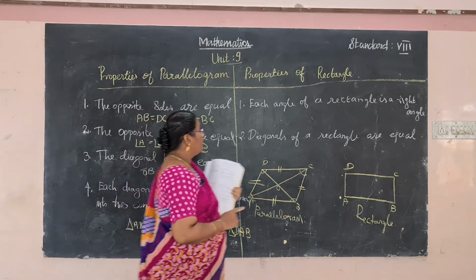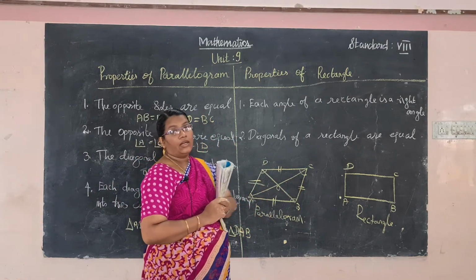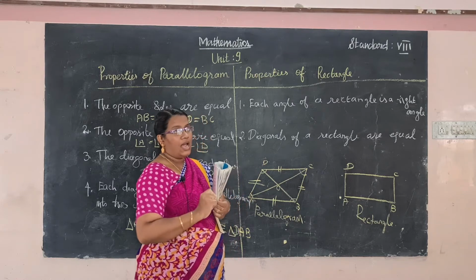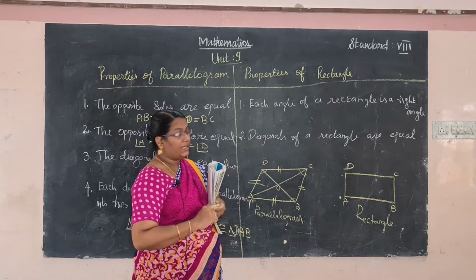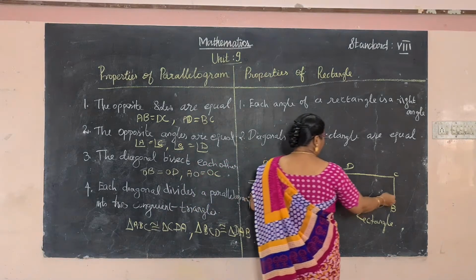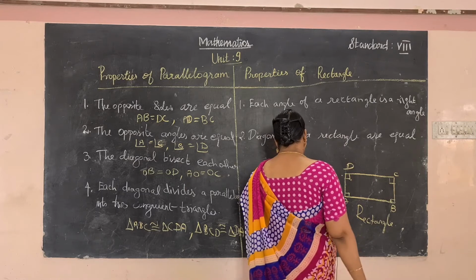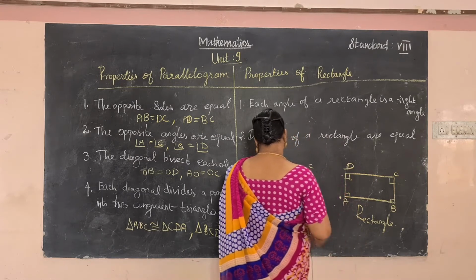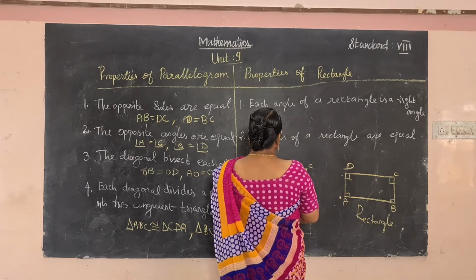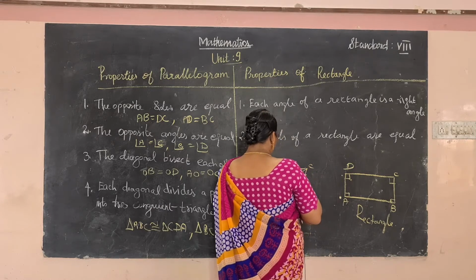Now see the next, the properties of the rectangle. Each angle of the rectangle is a right angle. Right angle means 90 degrees. So angle A, angle B, angle C, angle D are all 90 degrees. And the second one, diagonals of the rectangle are equal.